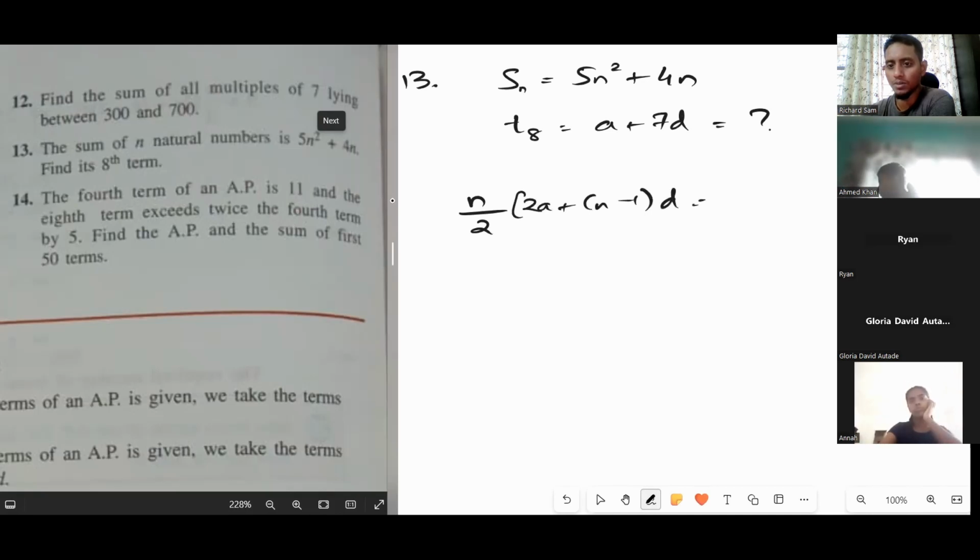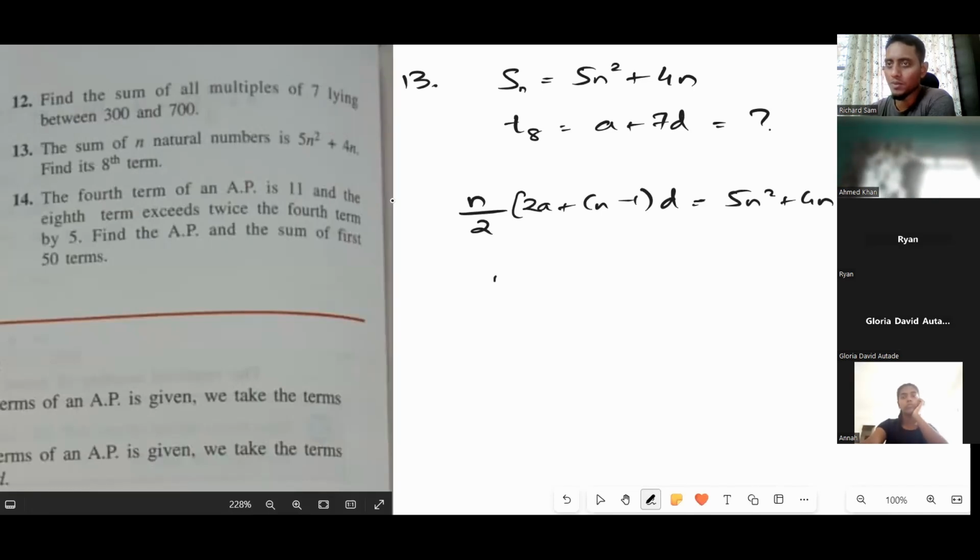This is a formula for sum, right? So this sum is equal to 5n square plus 4n. If you use the second formula for sum, which is n upon 2 into a plus l, that is also equal to 5n square plus 4n.